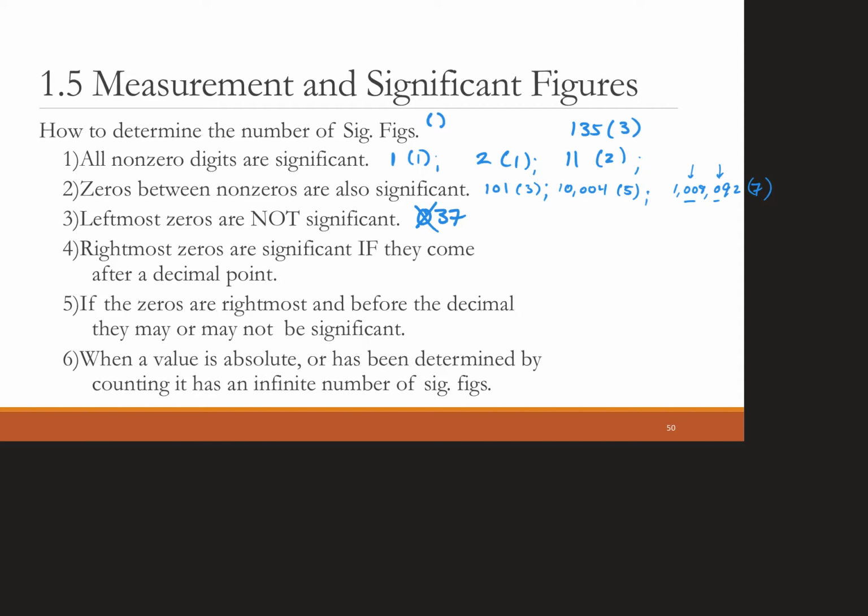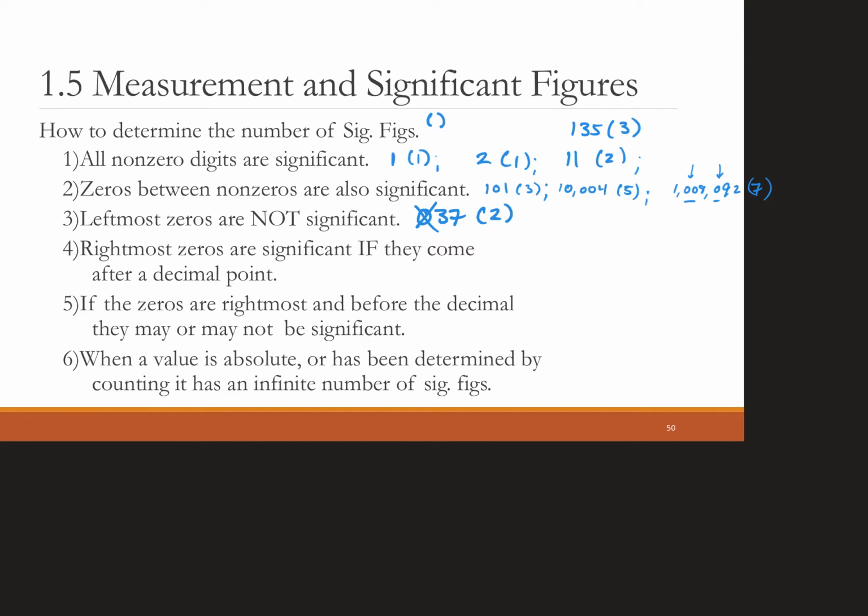Or that I'm not 10 feet tall. I'm 5'11". I don't need to say I'm 05 feet 11 inches. So again, it's irrelevant to put those in front. Leftmost zeros are not significant. So something like 037 would only have 2 significant figures.